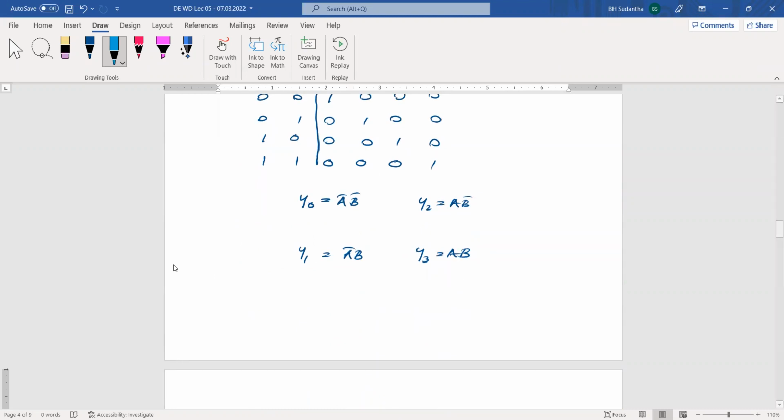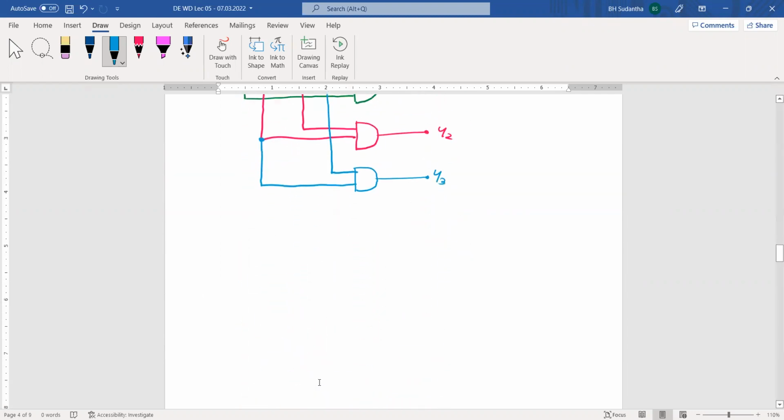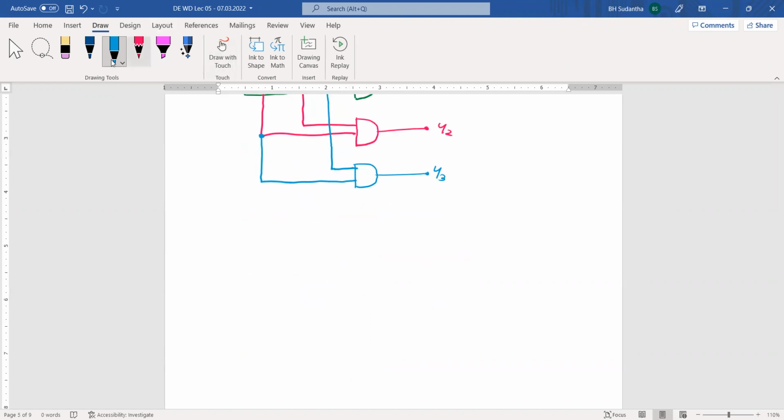No, it's not possible because all these equations have a single term per equation. To minimize an equation, we need at least 2 terms there. Okay. Then if you don't have any question, we can try the next decoder.